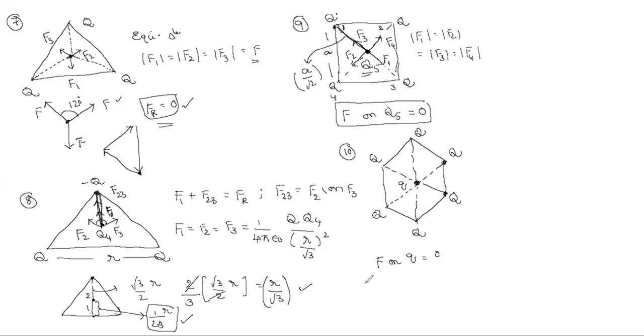Now my question is, if there are only 5 charges and this charge is removed, then how many are there? 5 only. Due to the 5 charges, what is the force on small q?